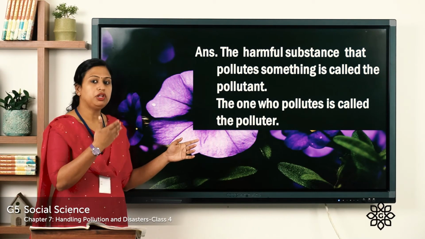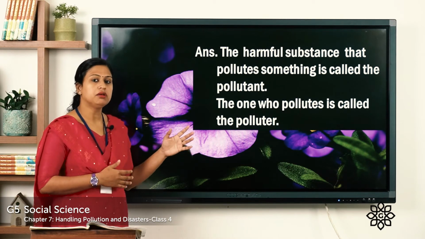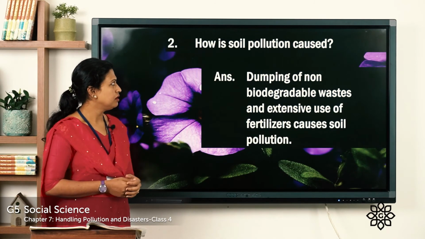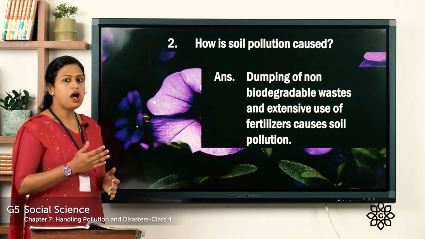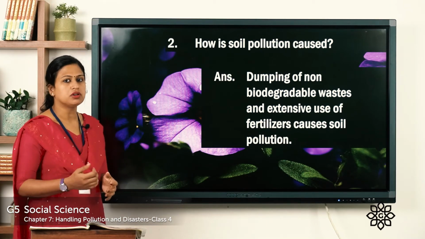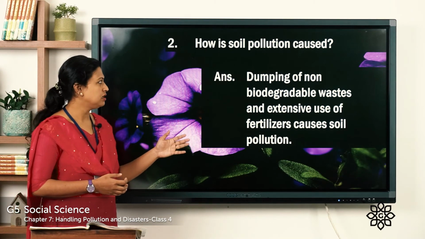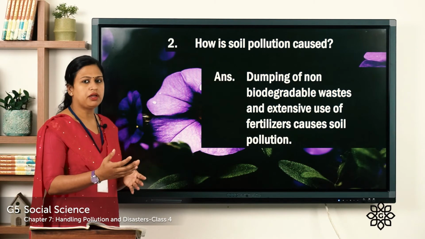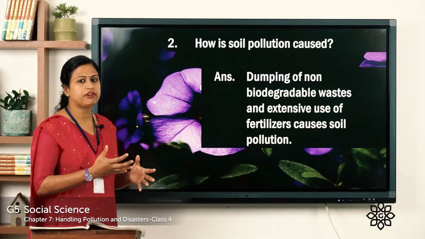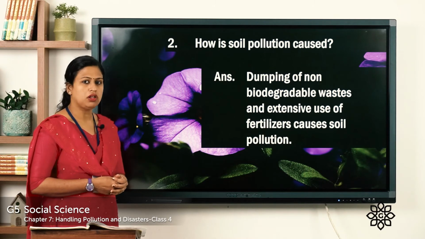The one who pollutes the environment is called the polluter. Second question is, how is soil pollution caused? So the correct answer is, dumping of non-biodegradable waste and using of fertilizers leads to soil pollution.